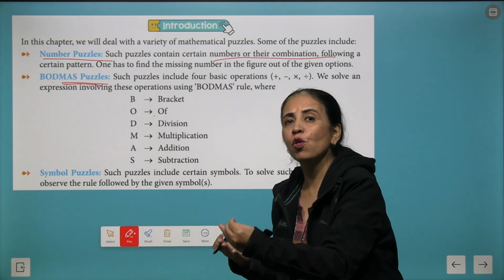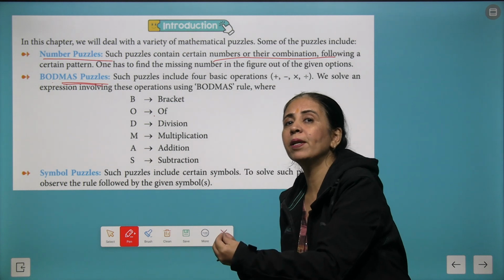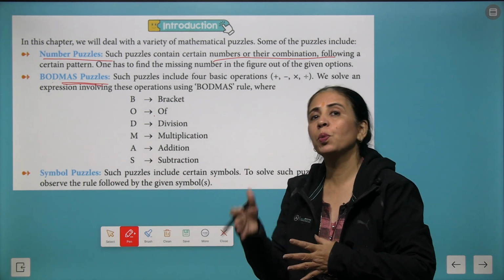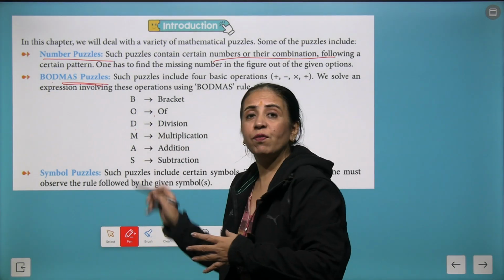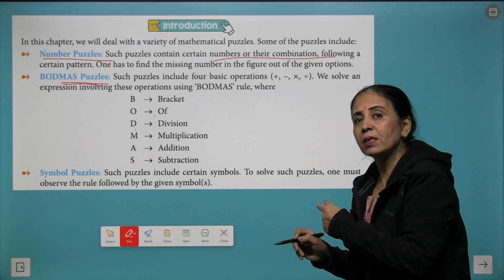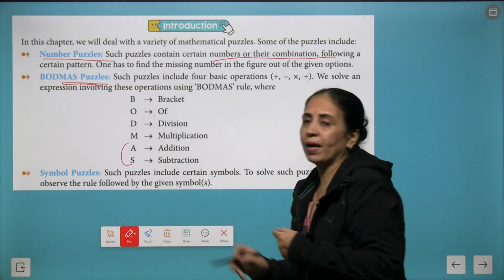I can have 4 square, that means 4 raised to the power 2. It can be 3 raised to the power 5. So OF stands for exponents. Then we have D, which represents division, M represents multiplication, then we have addition and subtraction.